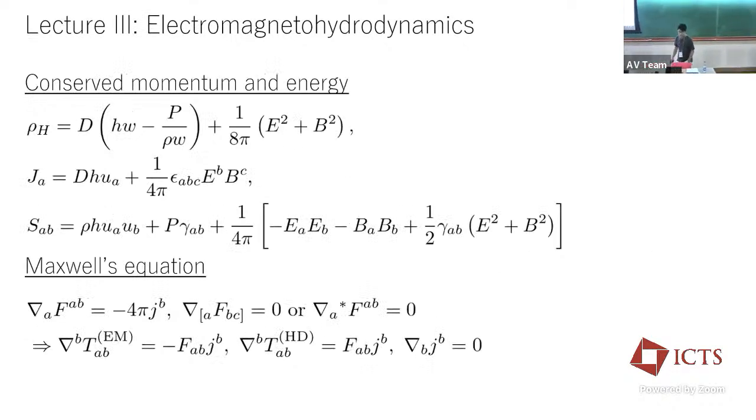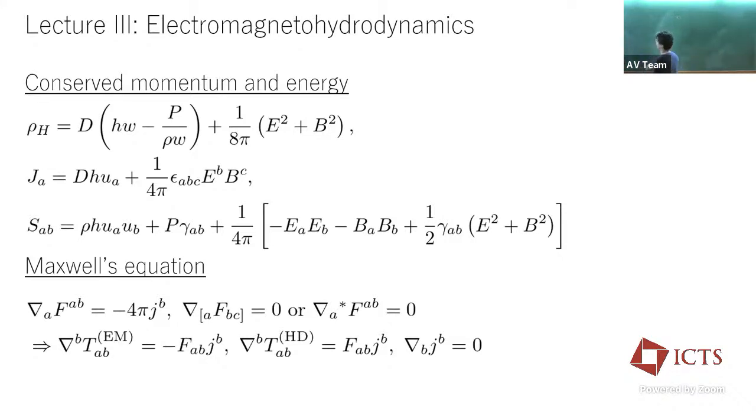Okay, now our conserved momentum and energy become something like this, because rho_H is a contraction with n_a and n_b, right?